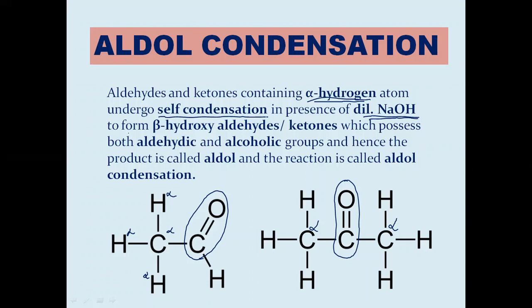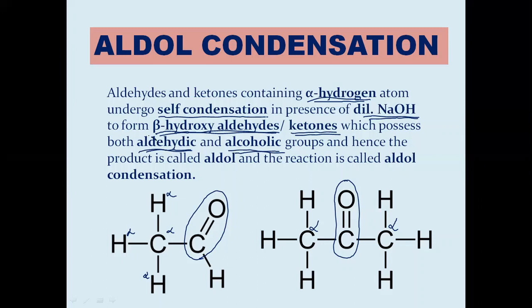Now, what is the product of this reaction? The product of this reaction is beta hydroxy aldehydes if you take aldehydes as the reactants, or beta hydroxy ketones if you are considering ketones as the reactants. Here, why is the name given as aldol? Because the product has both the aldehydic group as well as the alcoholic group.